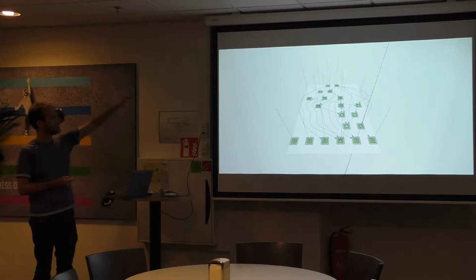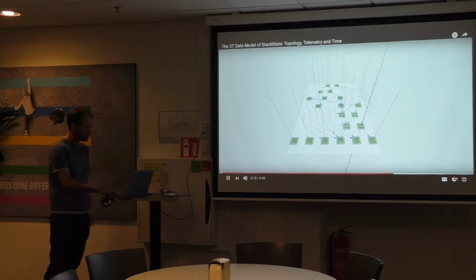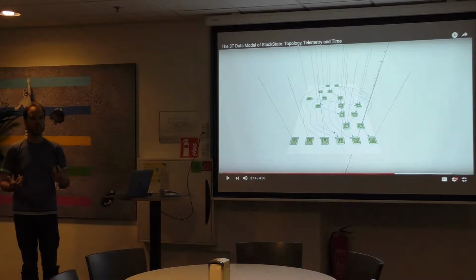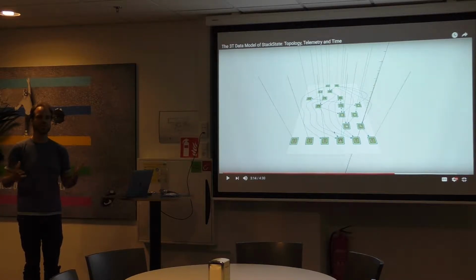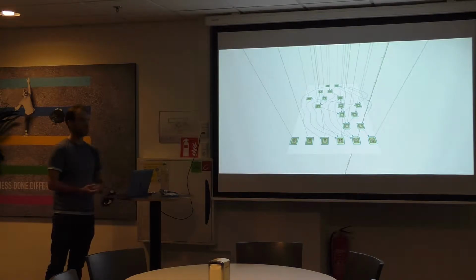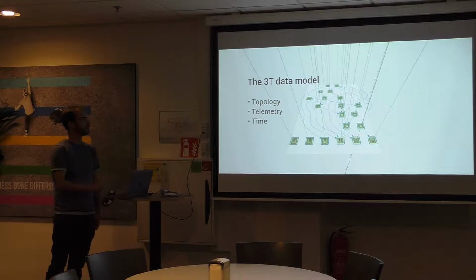Here you can see some lines coming out of these components. So the lines represent telemetry. So for each component, you have some telemetry, which means metrics. You have event logs. You have traces. Everything that you might gather as a continuous flow of data. And so when you think about the heart, you can think about the heartbeat. So the component is always there, but the heartbeat is some kind of telemetry.